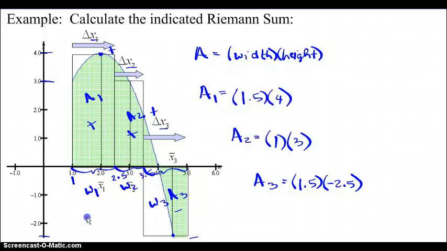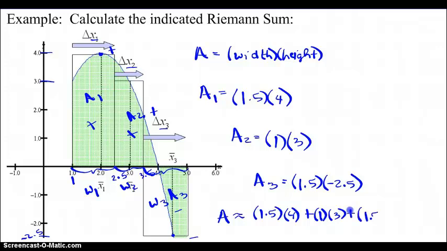And again, that's where this y value right here at negative 2.5 is where the negative comes into play. So the total area is approximated by those three areas added together. 1.5 times 4 plus 1 times 3 plus 1.5 times negative 2.5. So there's a Riemann sum without standard widths.